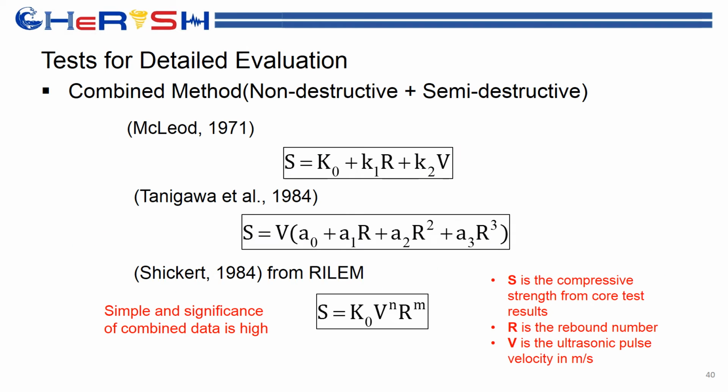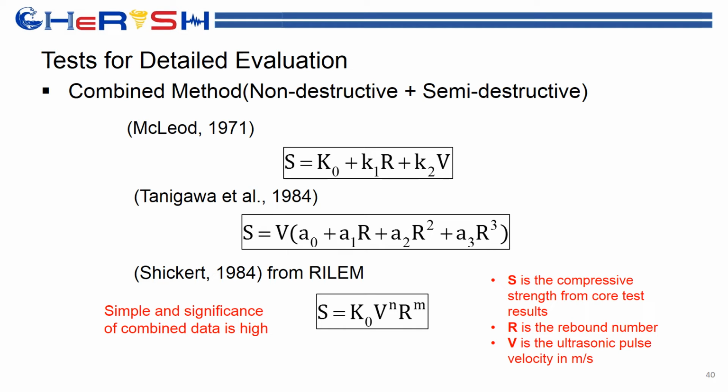Now, there are several models to consider when we would like to use a combined method, but one of the commonly used is the one by Schickert, developed in 1984, which is also introduced by Ryland.